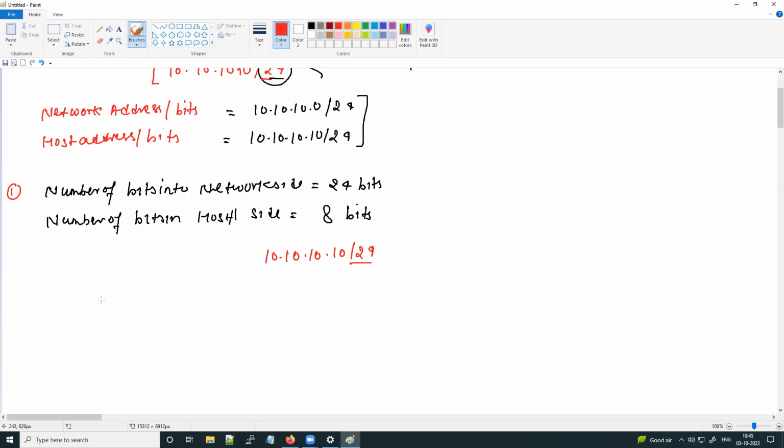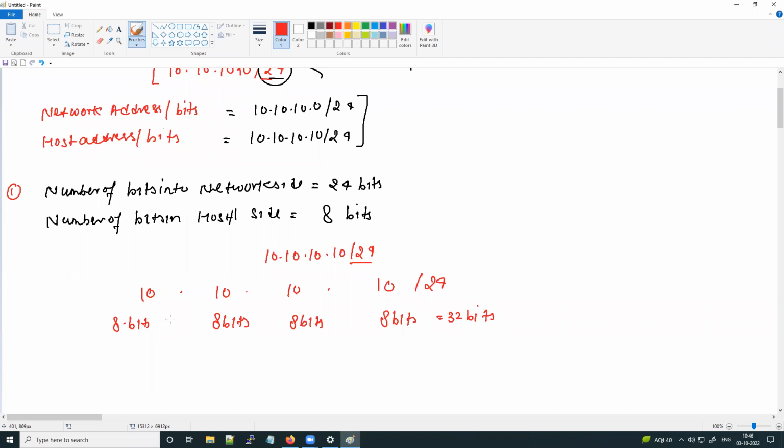It means if I have 10.10.10.10/24, this is 8 bits, 8 bits, again 8 bits, then 8 bits. Total will become 32.